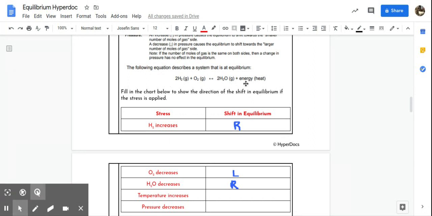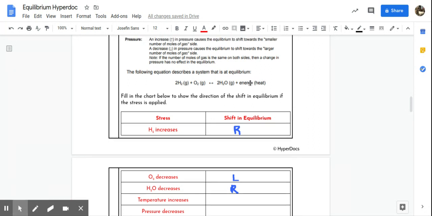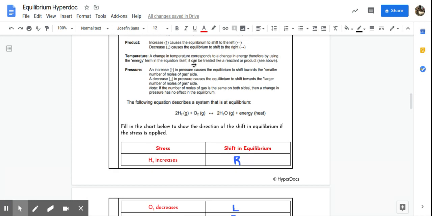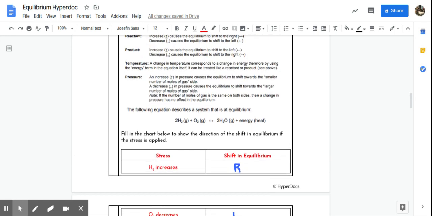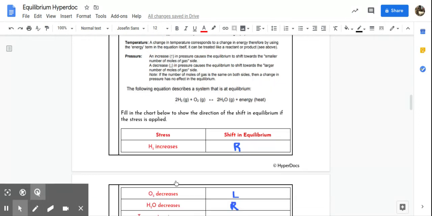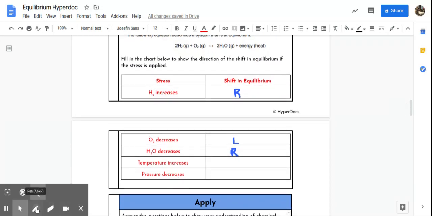Temperature increases. Temperature is right here, and the temperature rules say you treat it as a reactant or a product. Here it's a product. So if we increase a product, it causes the equilibrium to shift to the left. So this would be left.